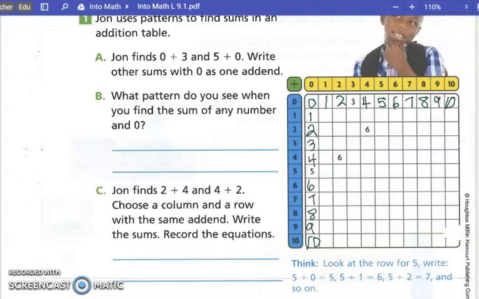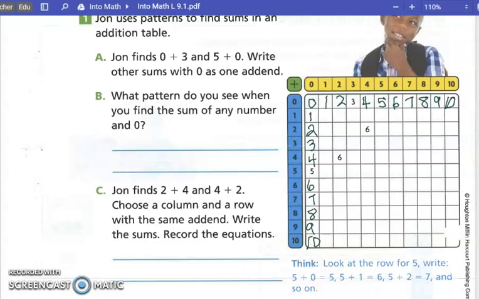Okay, so when you get done with your table, it should look something like this. You should have filled in the top row here and the first column. So check your paper if you're watching this. What pattern do you see when you find the sum of any number and 0? What pattern do we see?